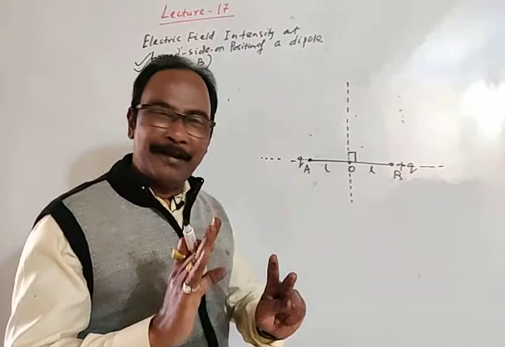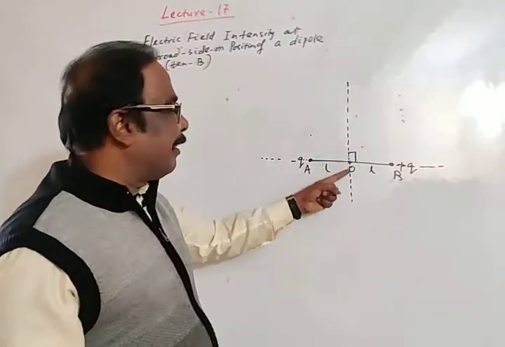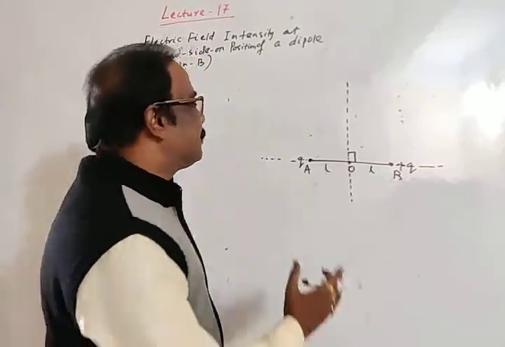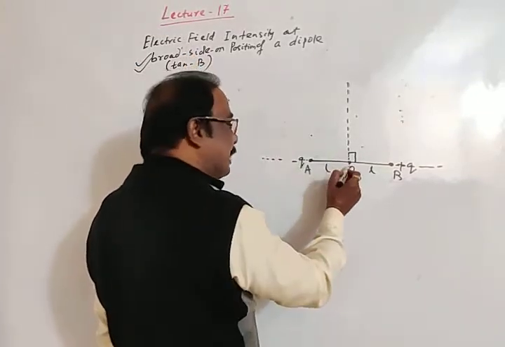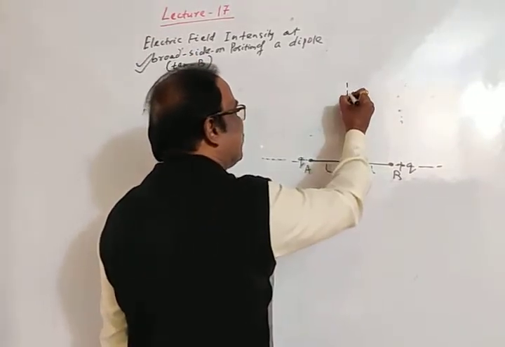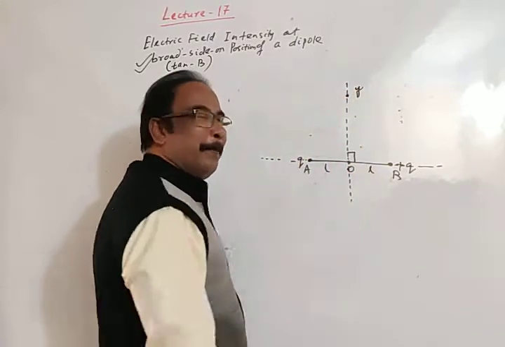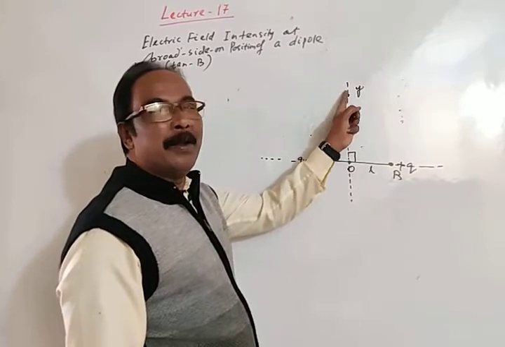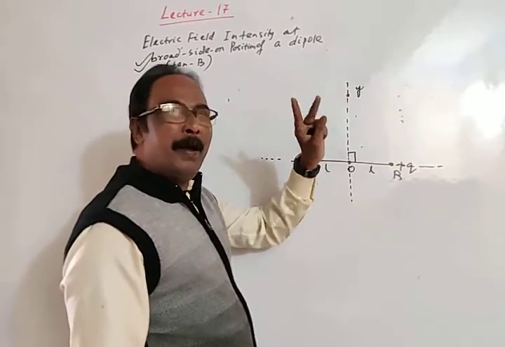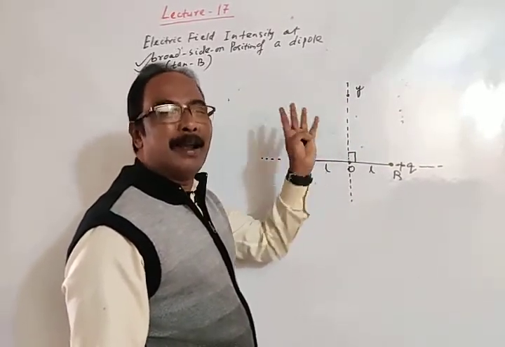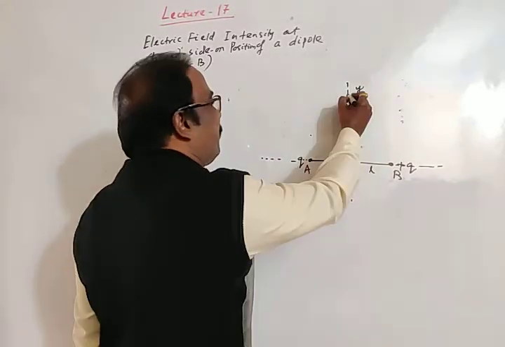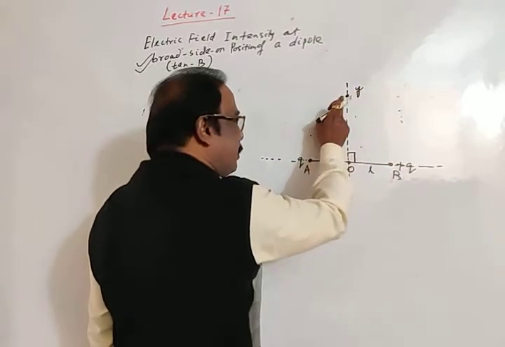Any point on the equatorial line is called the broadside on position. Let's consider any point y on the equatorial line. This is the broadside on position. Again, we have to find the electric field at this position.